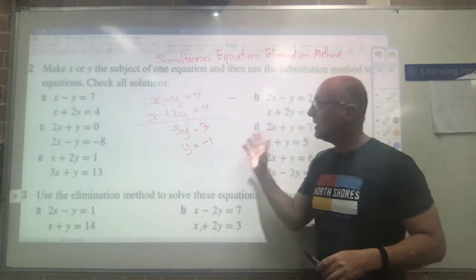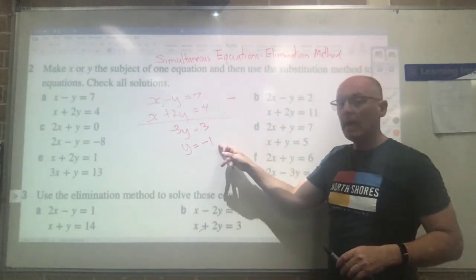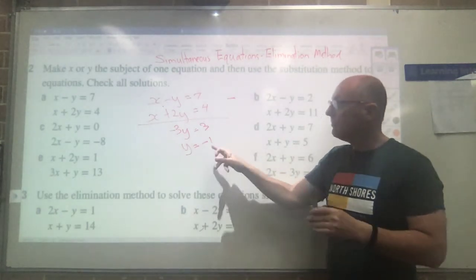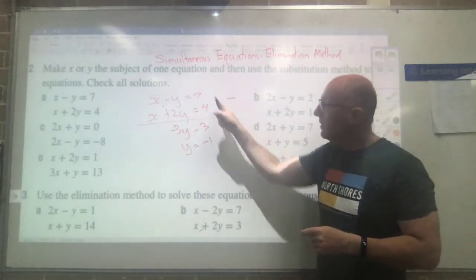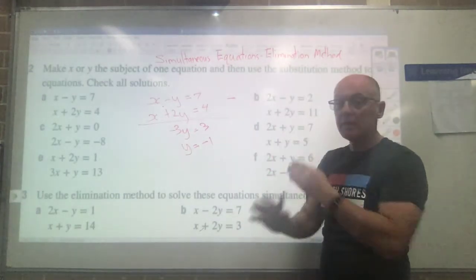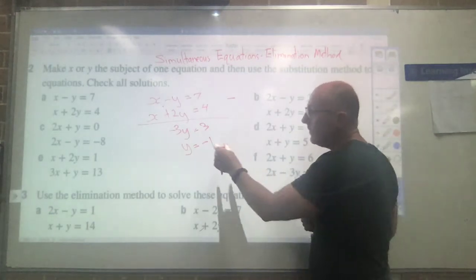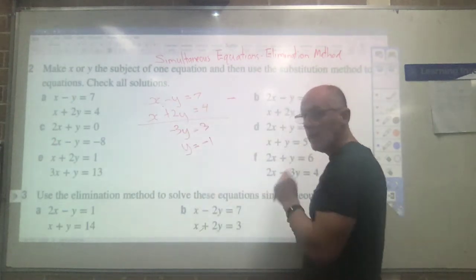So very quickly, we found that for both equations, they meet at y equals minus 1. We know the y coordinate, but we don't know the x coordinate. Because these two are simultaneous, they must have the same x and y coordinate. So if we put this number into either one of these two, we'll get the x coordinate.